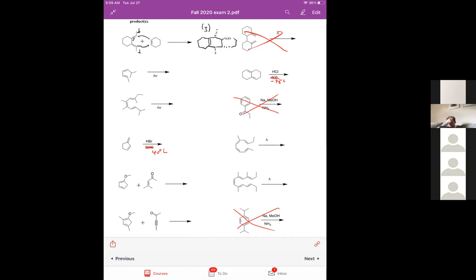Let's see. These electrocyclic reactions, there's a bunch of them on this page. Okay. So we have 2 double bonds, which means we're going to make a 4-membered ring.